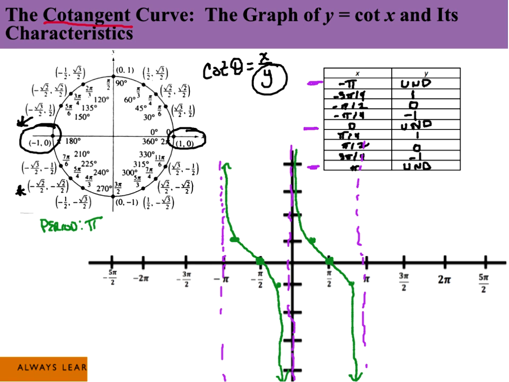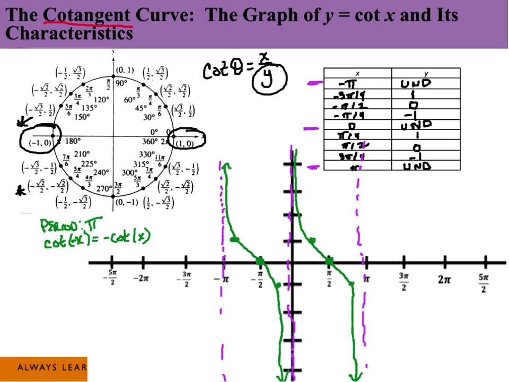We have a period of pi. We have that this particular function is an odd function, so it has origin symmetry. You can see that. The cotangent of negative x is equal to the negative cotangent of x. So that tells us it's odd.